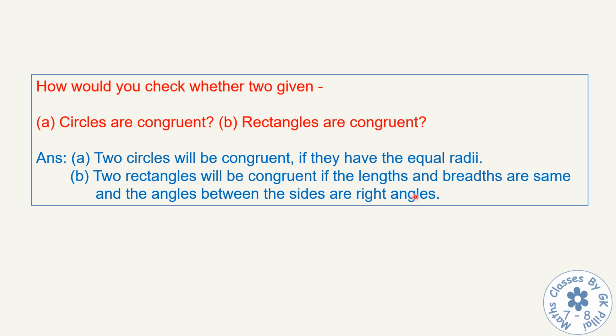Otherwise it will be a distorted figure. It may not be a rectangle. The length should be the same, breadth also should be the same. Along with that, the angles between the sides should be right angles. All the four angles should be right angles because in a square and rectangle, all the interior angles are equal to 90 degrees each.